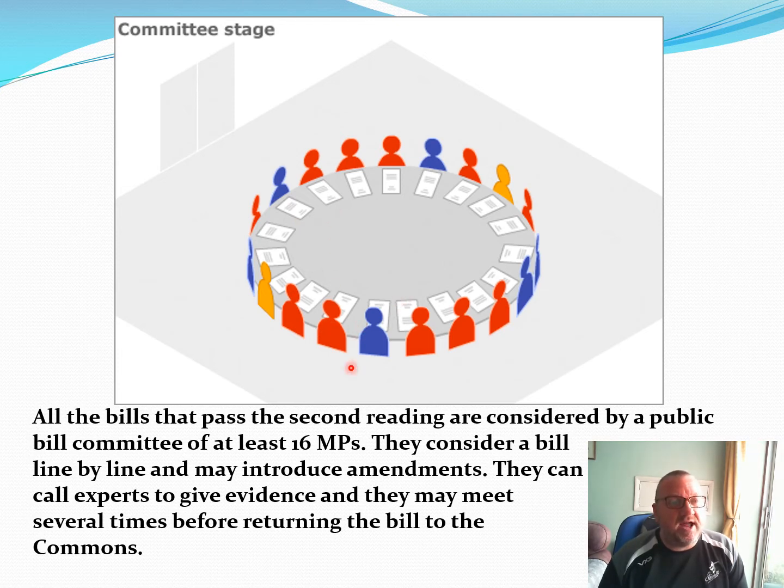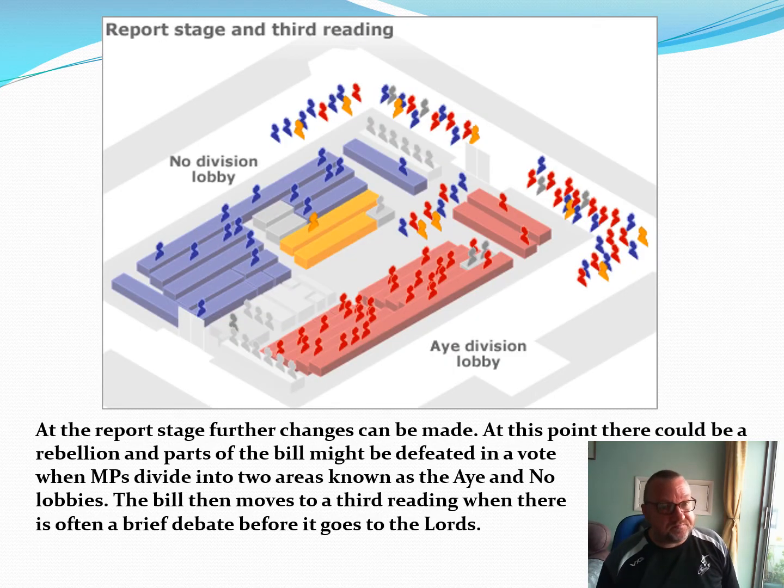So when Labour were in majority, the majority of people on a committee would be Labour MPs. Nevertheless, there would still be Conservative or Liberal Democrat members. In the current climate, you would expect to see more blues than reds. Simple as that. So it's very straightforward.